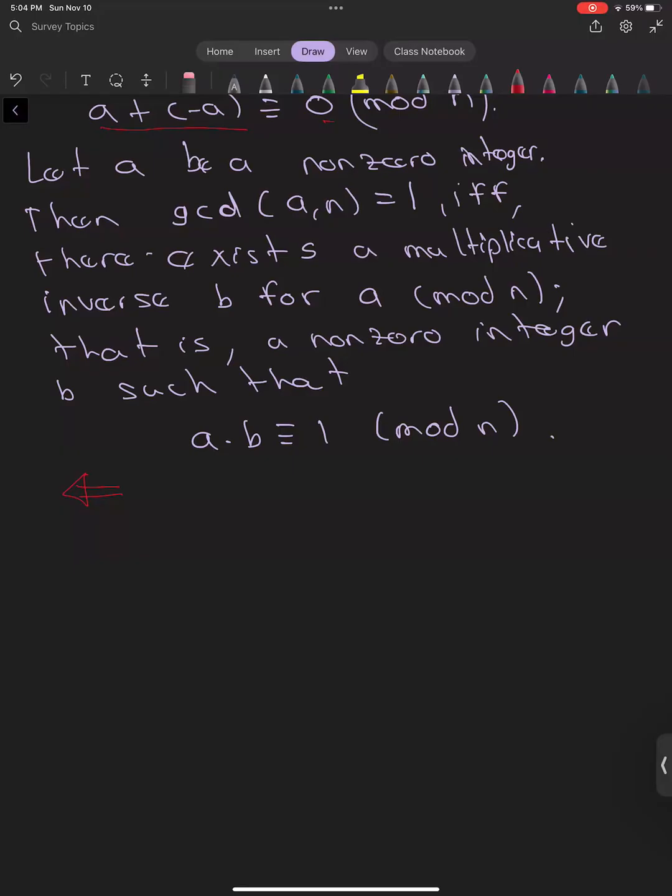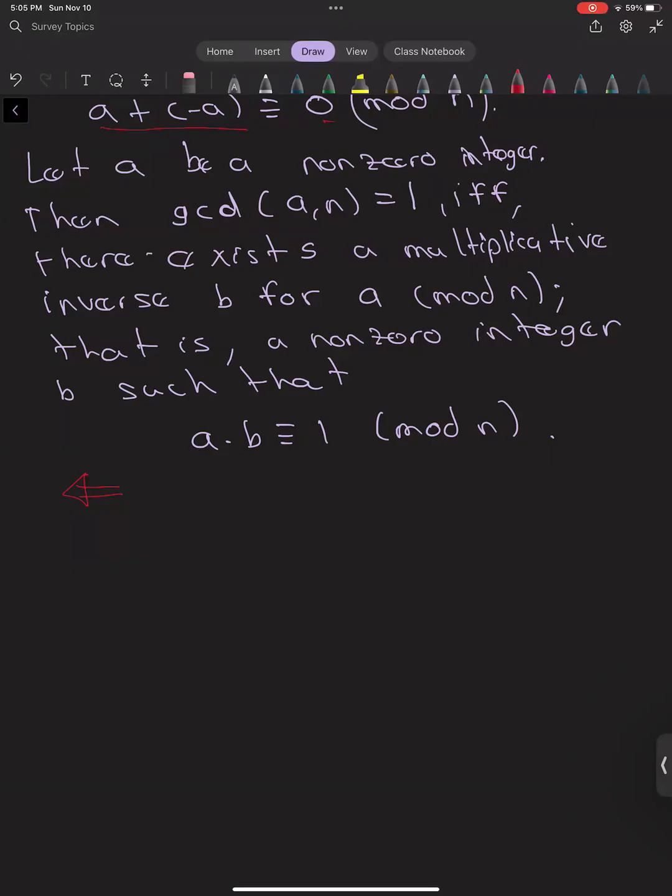I probably have to define the greatest common divisor. So this is a theorem.